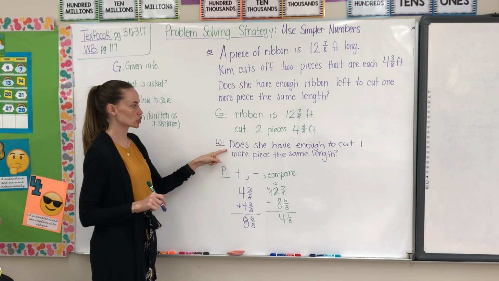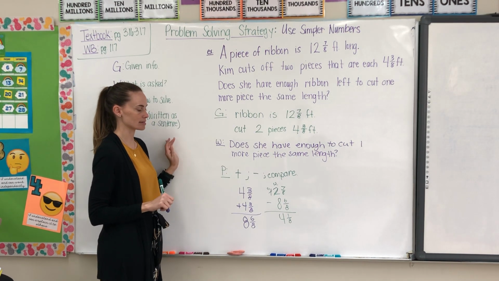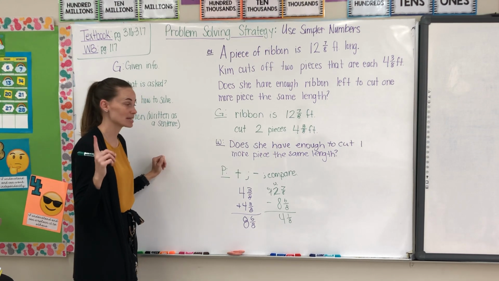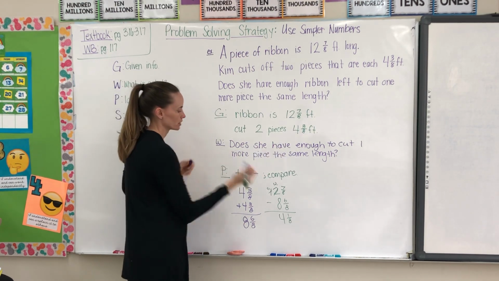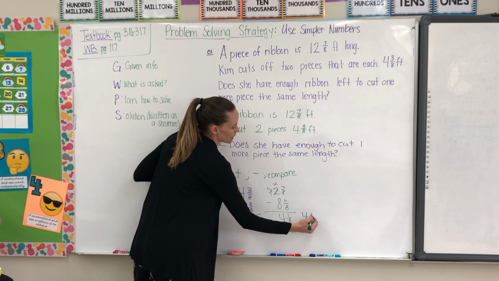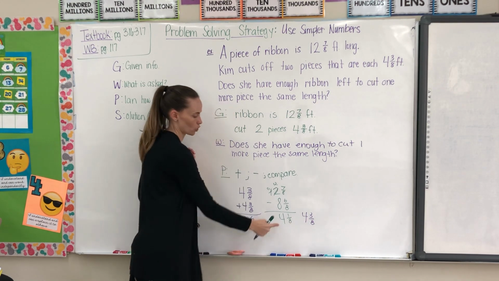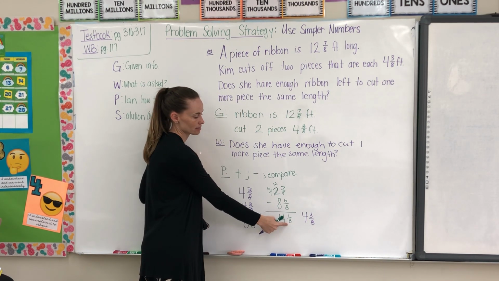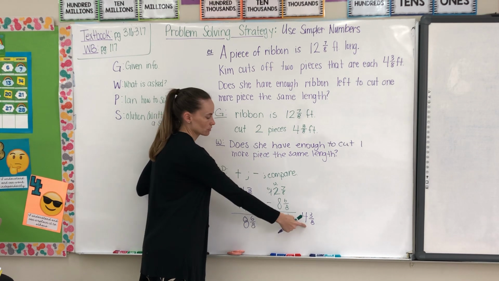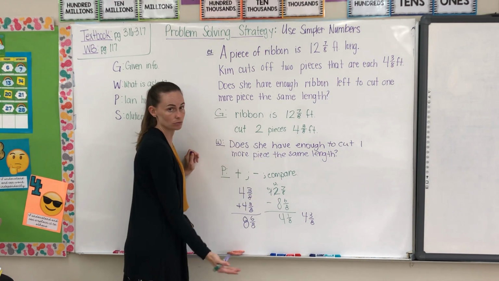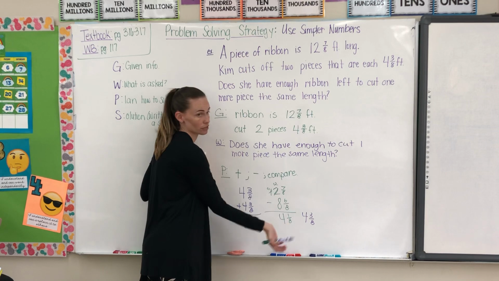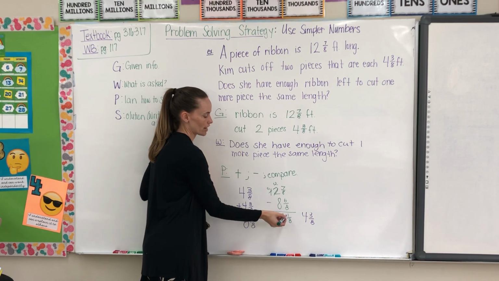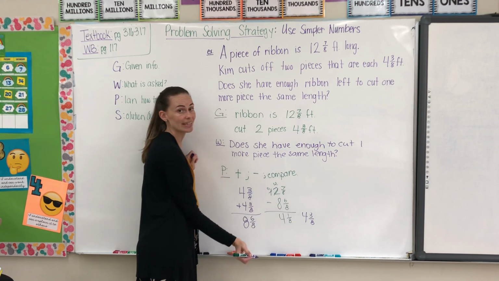Now, does she have enough to cut one more piece the same length? Remember, the same length was 4 3/8. So is 4 1/8 enough to make 4 3/8? Remember, we look at the whole numbers, they're the same. So we go to the fraction. This is 1/8, this is 3/8.